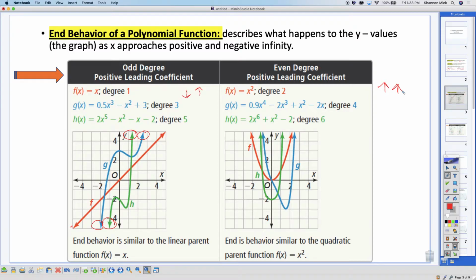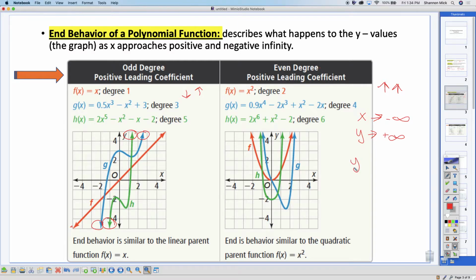So another way to write this, it says as x approaches negative infinity, so that's to the left, right? Y is approaching what? Positive infinity.